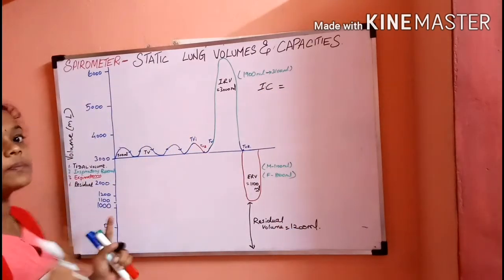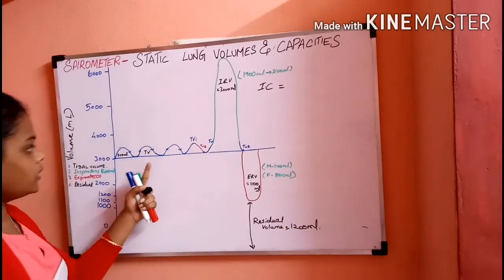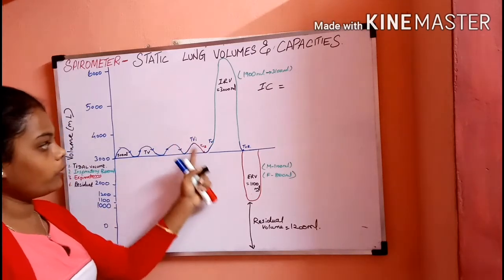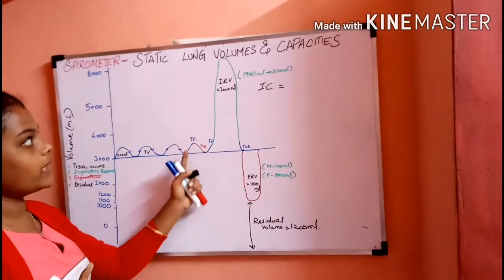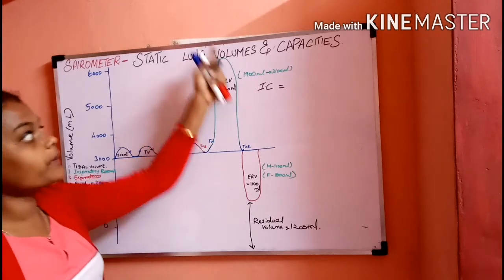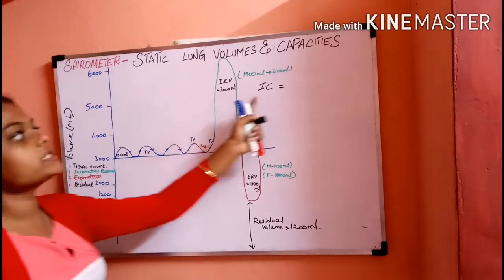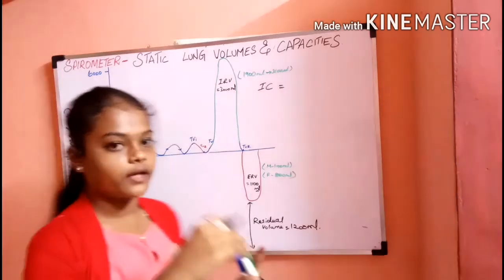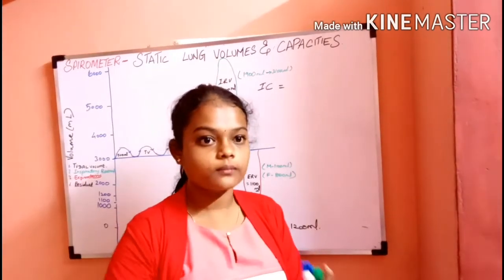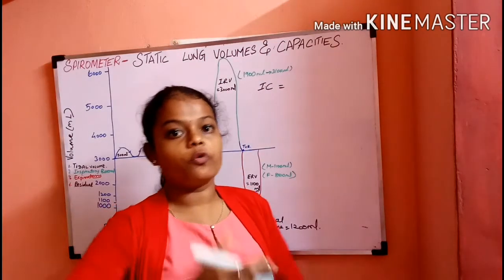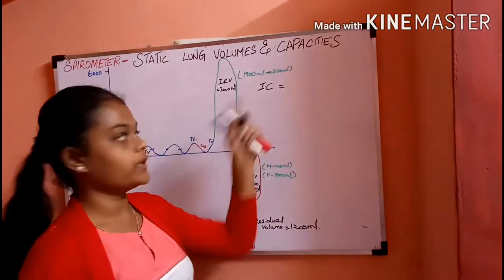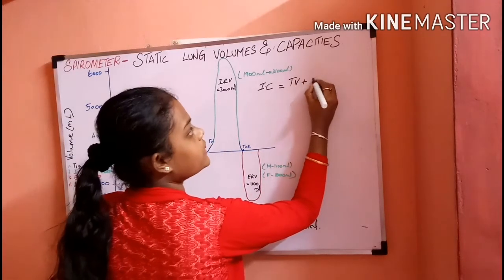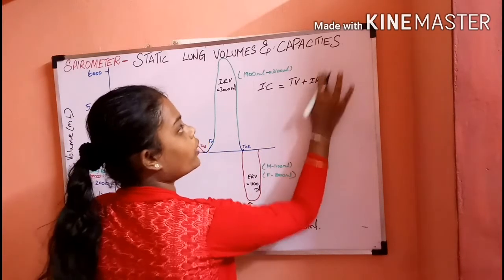What is inspiratory capacity? Tidal volume, 500 ml, plus inspiratory reserve volume. This is inspiratory capacity. After a normal quiet breath, a deep, forceful inspiration is the inspiratory capacity.